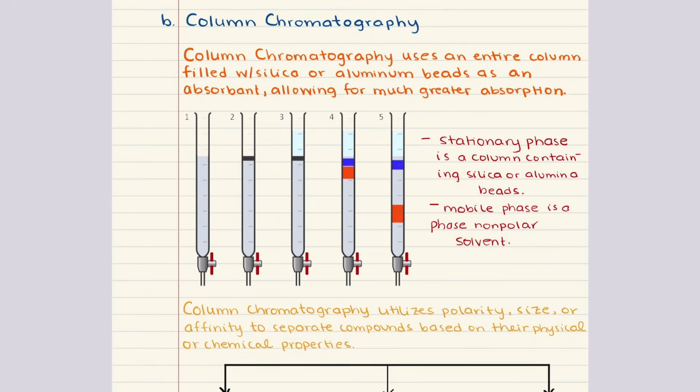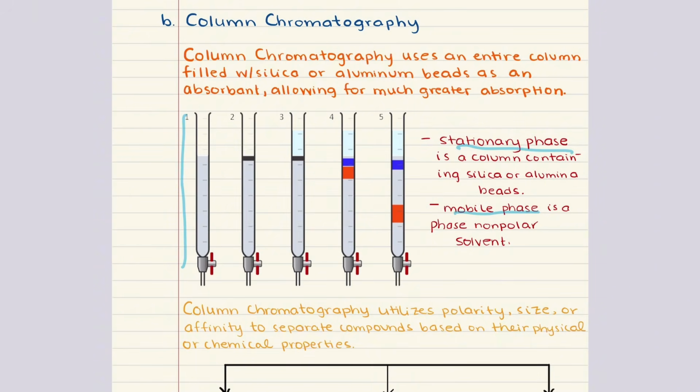In this technique, we use a vertical column that's filled with silica or aluminum beads. And these beads make up the stationary phase, and they provide a lot of surface area for compounds to interact with. The mobile phase is typically a nonpolar solvent, and it flows through the column by gravity or pressure.